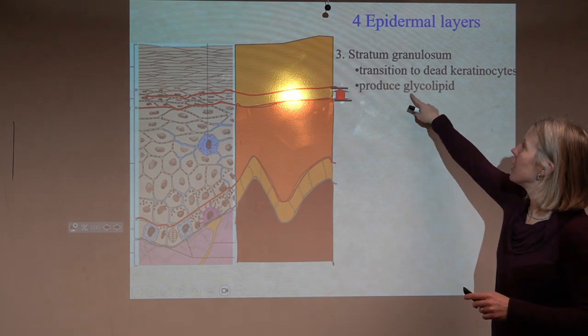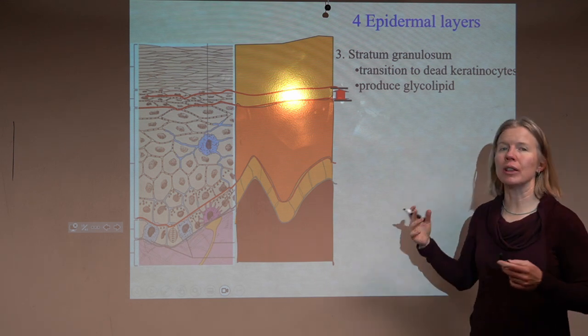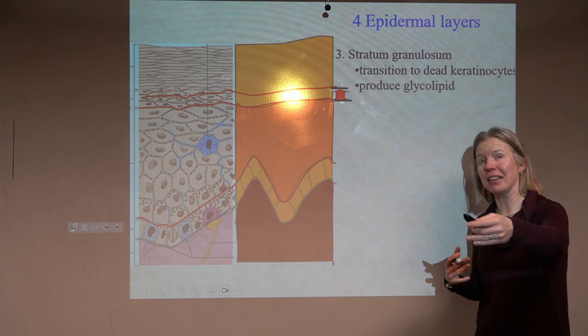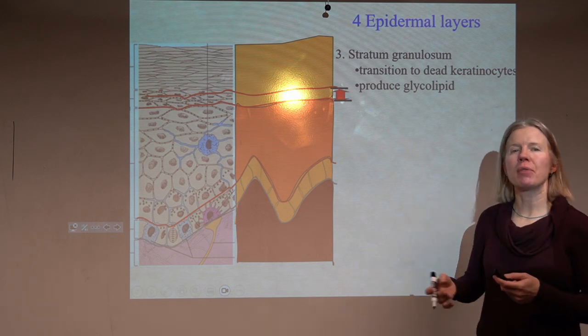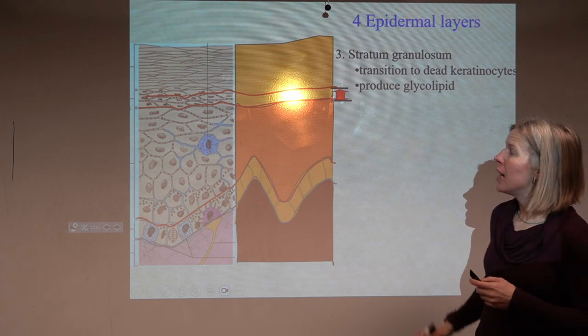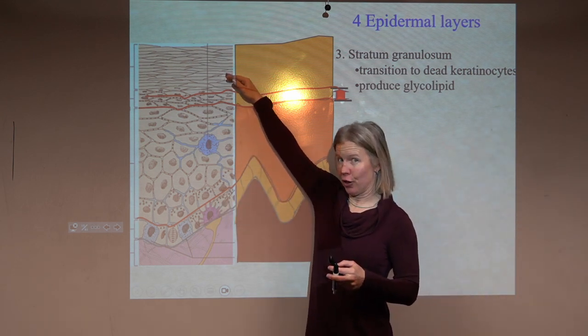They're also filling, along with the keratin, they're also producing a glycolipid. Lipids are water repellent, and so this is actually the layer that helps our skin be much more waterproof as well. Now, remember, epithelium is avascular.